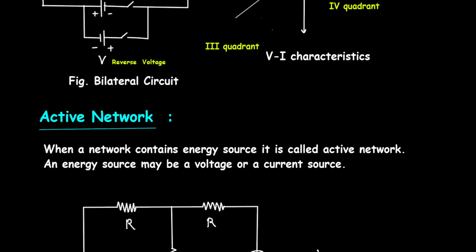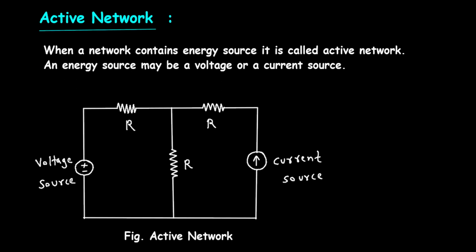Then next is active network. When a network contains an energy source, it is called an active network. Here we can see this is an active network or active circuit. It consists of energy sources.